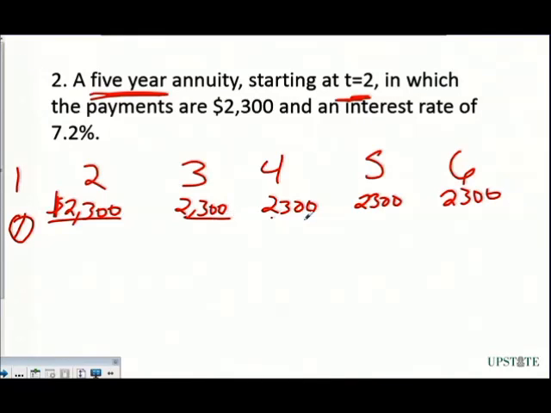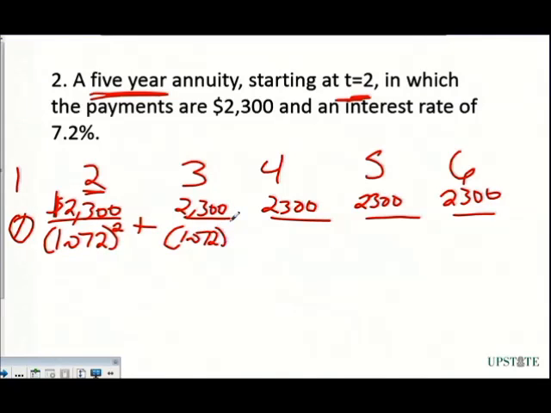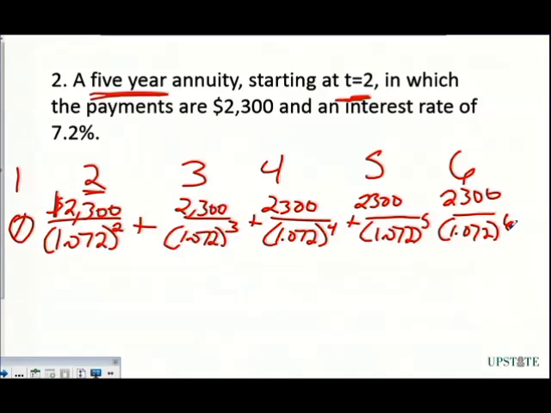Then we have to discount all of these at an interest rate of 7.2%. Our exponent here is going to be the 2, because we're in the second period. So we're at 1.072 to the third, 1.072 to the fourth, 1.072 to the fifth, and 1.072 to the sixth, right?